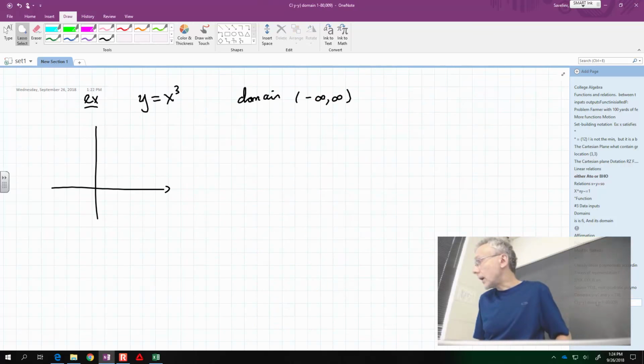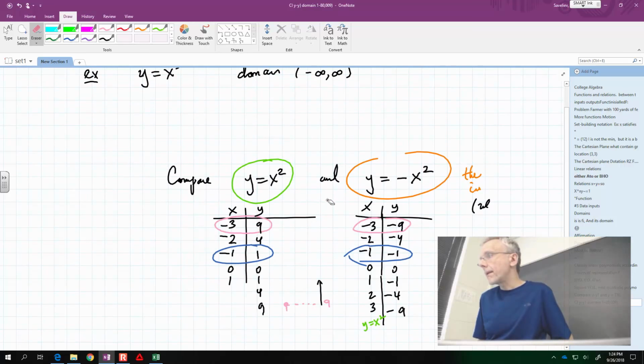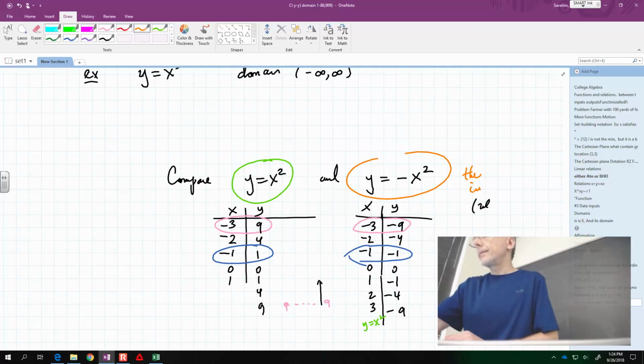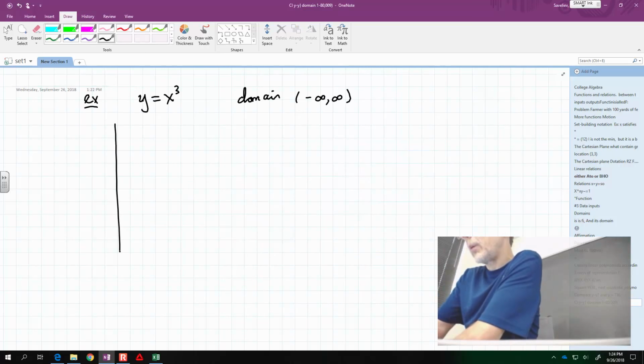So if now, instead of looking at x squared, I will look at x cubed. So I want to look at the table, and the pattern will be different.